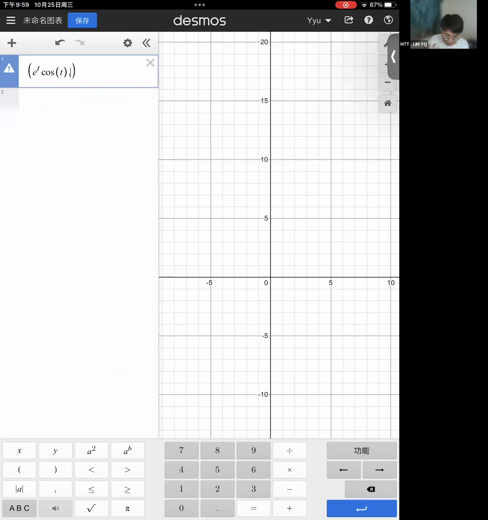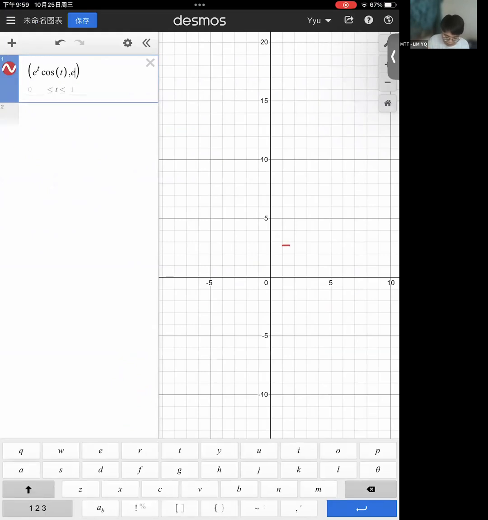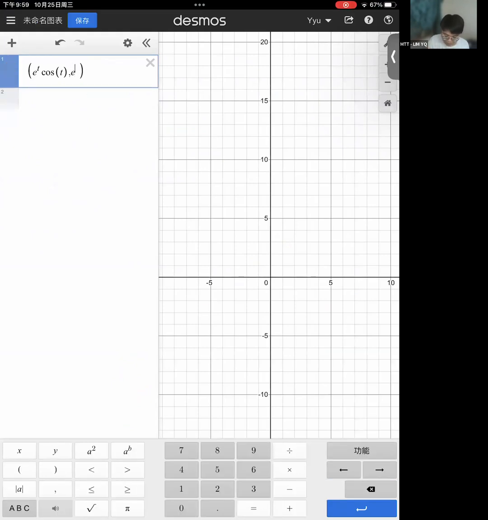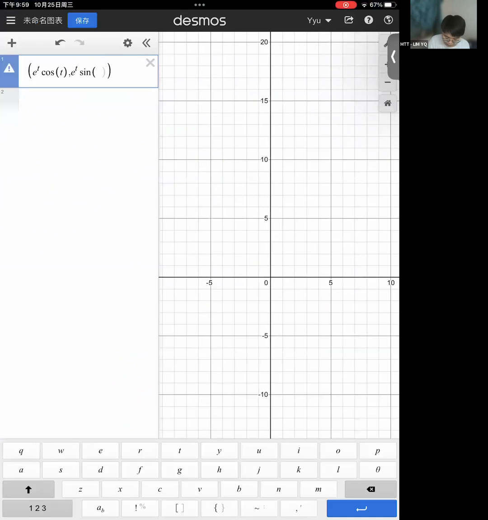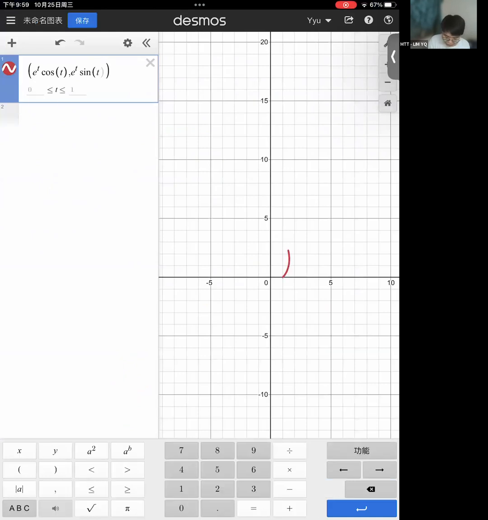After you have done this, you put a comma. Similarly e^t and then sin t. If you don't know how to do this, you can touch up, or if you are using a laptop, you can use the arrow button to adjust your value. So you should have something like this.